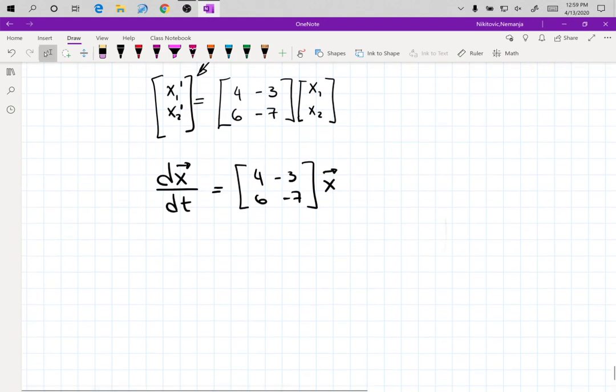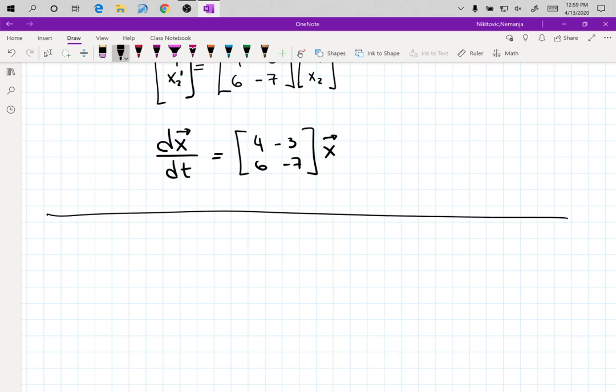Independence of solutions, that's still the Wronskian, right? So the Wronskian is still what we use to figure out the independence.